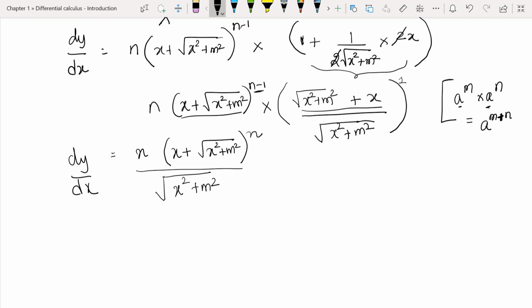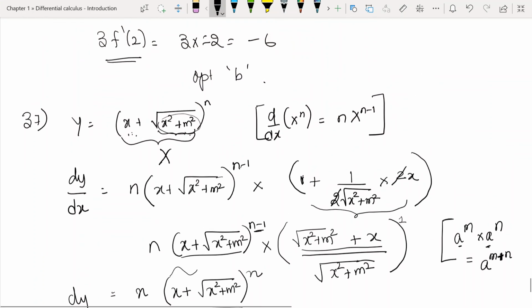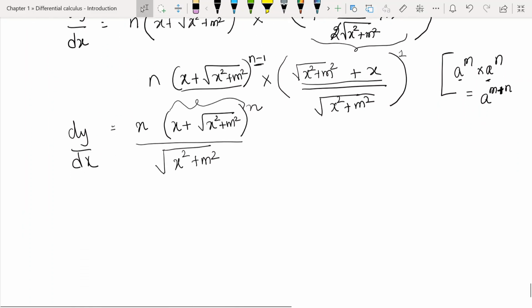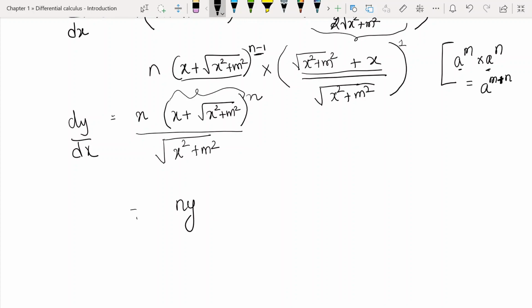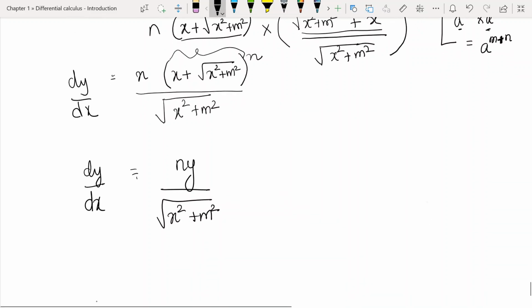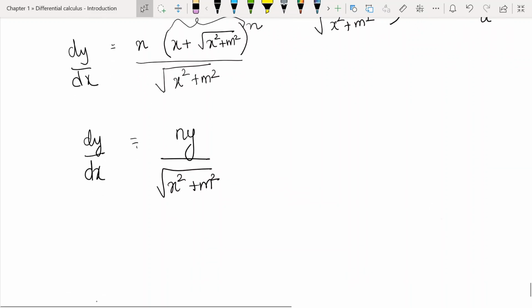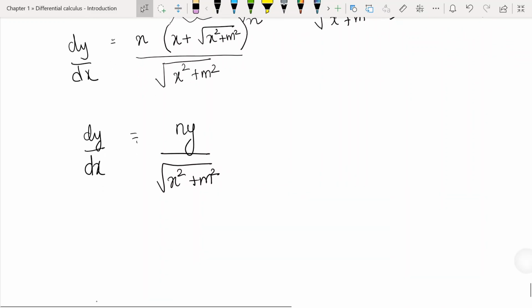This term is nothing but my original question, y. So what I have is ny divided by root of x square plus m square. This is the value of dy by dx. Okay. So this is nothing but option B.